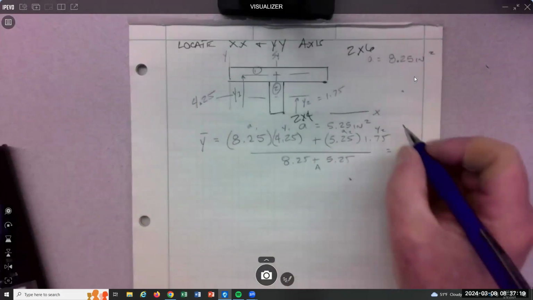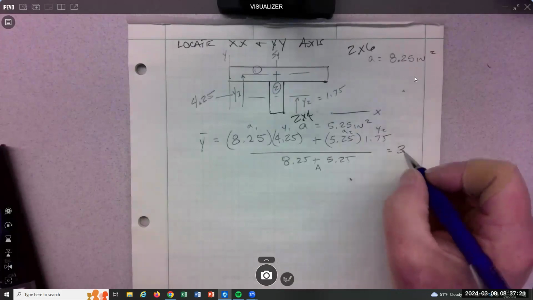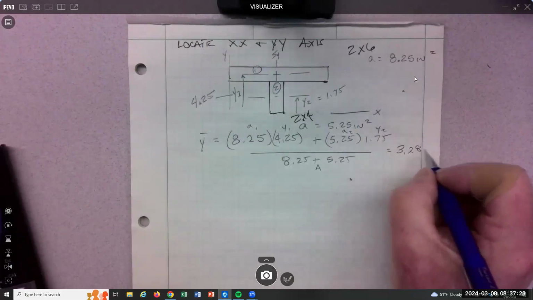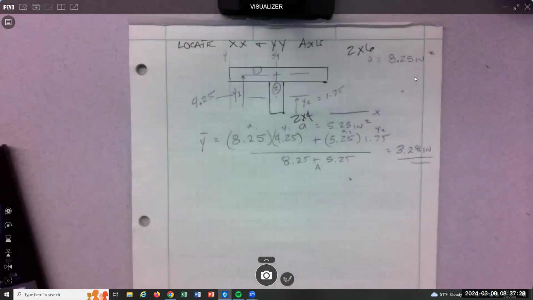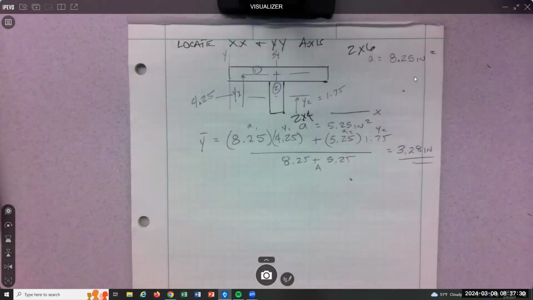I get 3.28 inches. Anybody else win the lottery? No? Did I do it wrong? No.